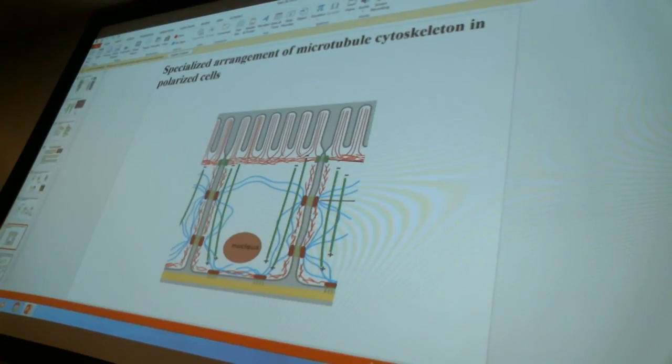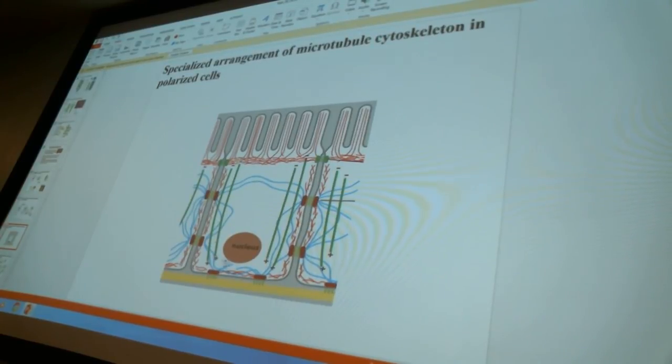How about polarized cells? If we look at any kind of lining of epithelial cells, we will find quite different arrangement. These are non-dividing cells at this point, and these microtubules are arranged slightly differently.